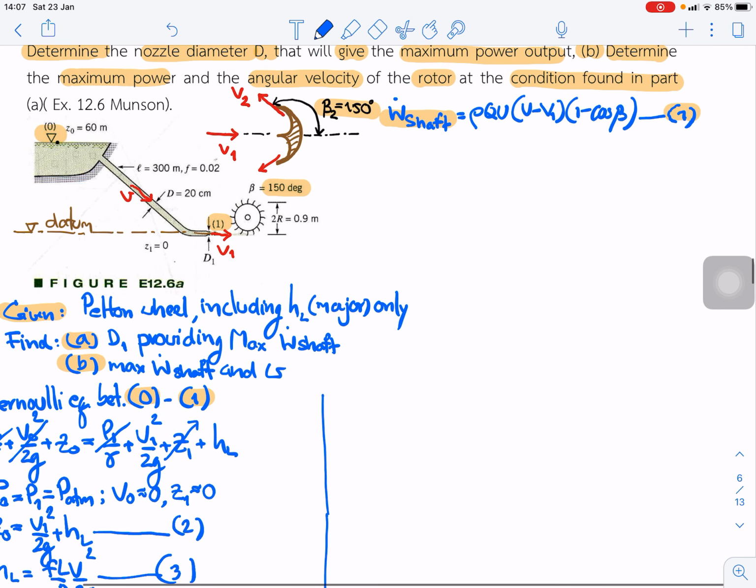Next we substitute equations 3 and 4 into equation 2.